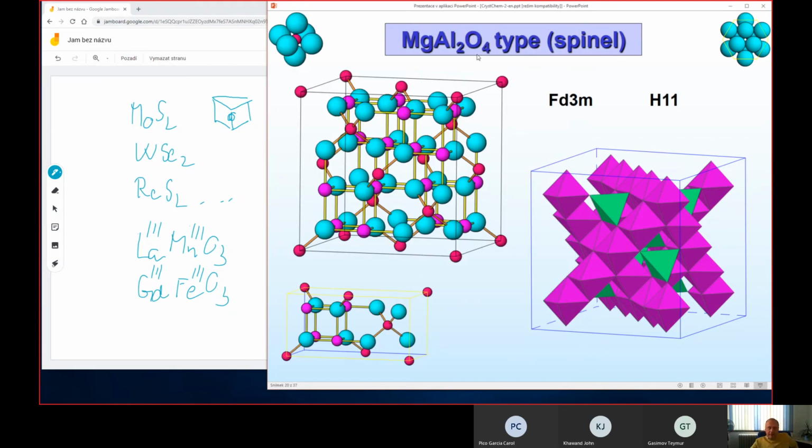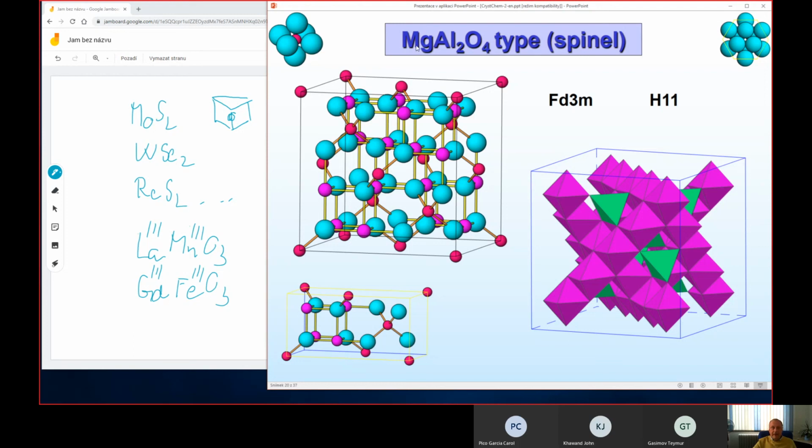And in the spinel structure, we have a close-packed array of anions, like oxygen atoms, oxide anions, and 1/2 of octahedral sites is occupied, and 1/8 of tetrahedral sites is occupied, because the tetrahedral positions are doubled compared to the atoms in close packing.